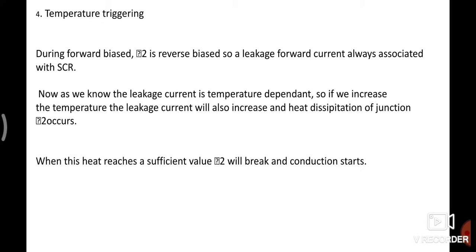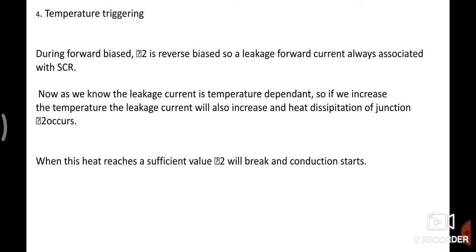Next, let us see the temperature triggering. Here also we are just increasing the temperature at junction J2. If you go to the basics, even though junction J2 is in reverse bias or in blocking mode, some small reverse-biased or forward leakage current is flowing through the junctions.